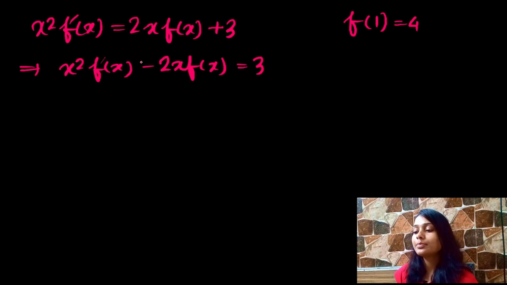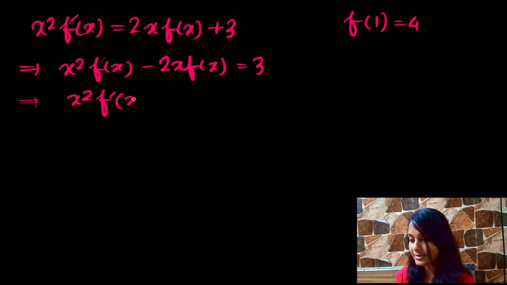If there is a plus sign between these two, then we could have written it as the derivative of x square f x, but there is a minus sign. So for minus, what we can do, we can divide both sides by x power 4.